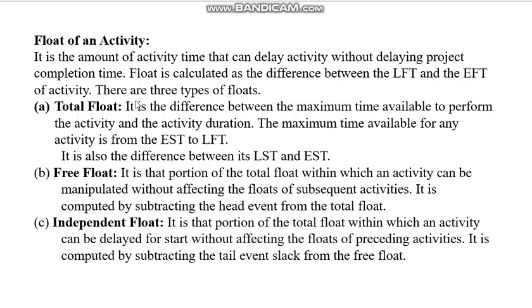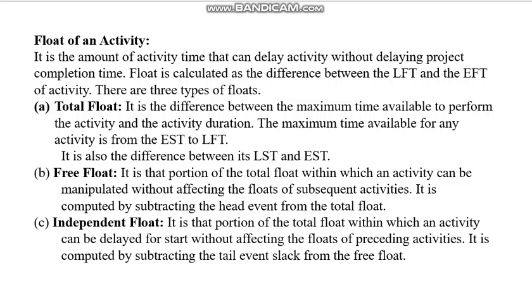You see, actually suppose there are branches in the network, and through two branches we are reaching one event. In that case, after that event, whatever activities are there are called subsequent activities. Those subsequent activities will not be delayed.